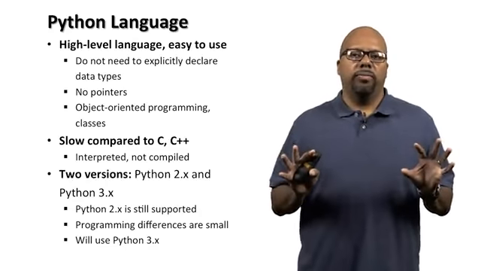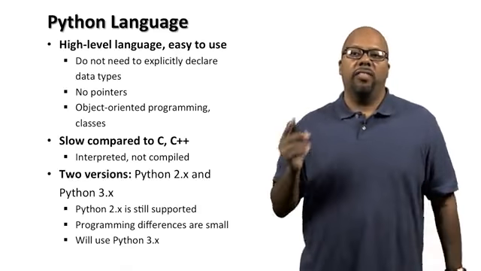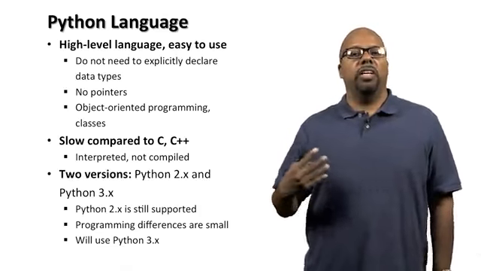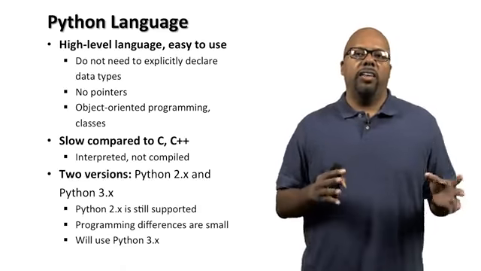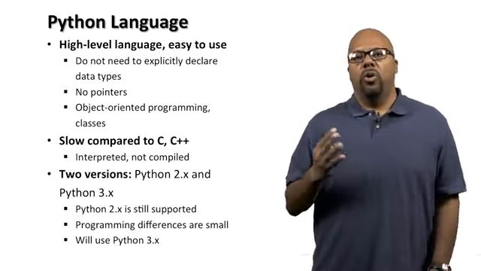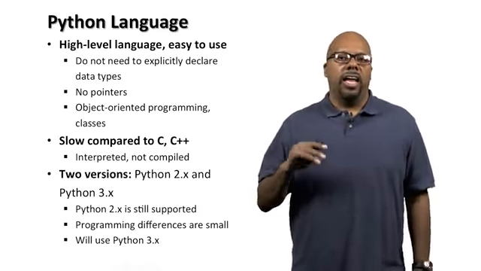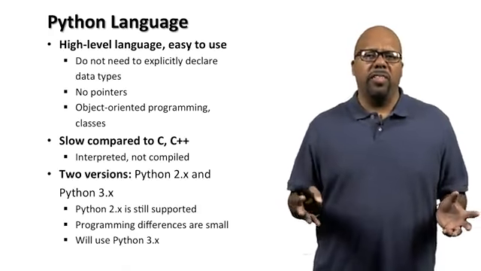Python 2 and 3, they're both supported. So even though Python 3 exists, they haven't gotten rid of Python 2 support because there's a lot of old code out there, a lot of open source software that is written in Python 2 and assumes Python 2. So they're both supported. And actually both of them will be present on your Raspberry Pi. We're going to use Python 3.